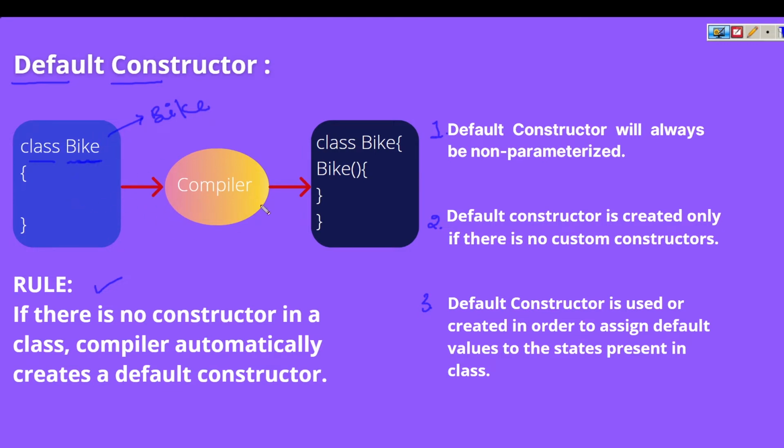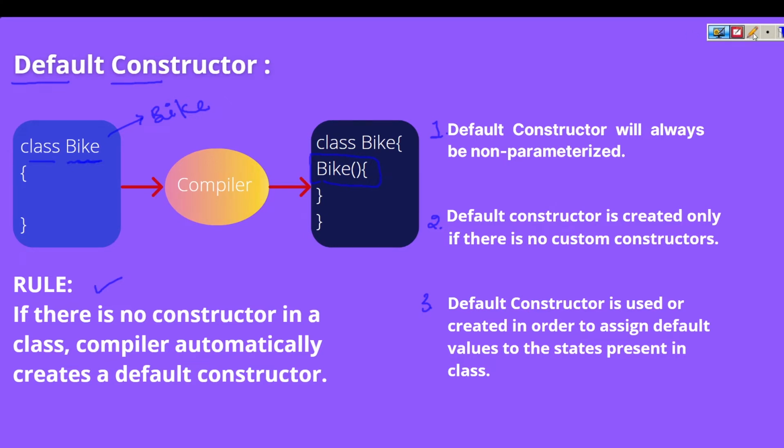Here the compiler generates a default constructor with the name Bike. You can see class Bike, constructor. It is written just like a method, Bike, open parenthesis, close parenthesis, and then the closing of the class. So this is the default constructor.